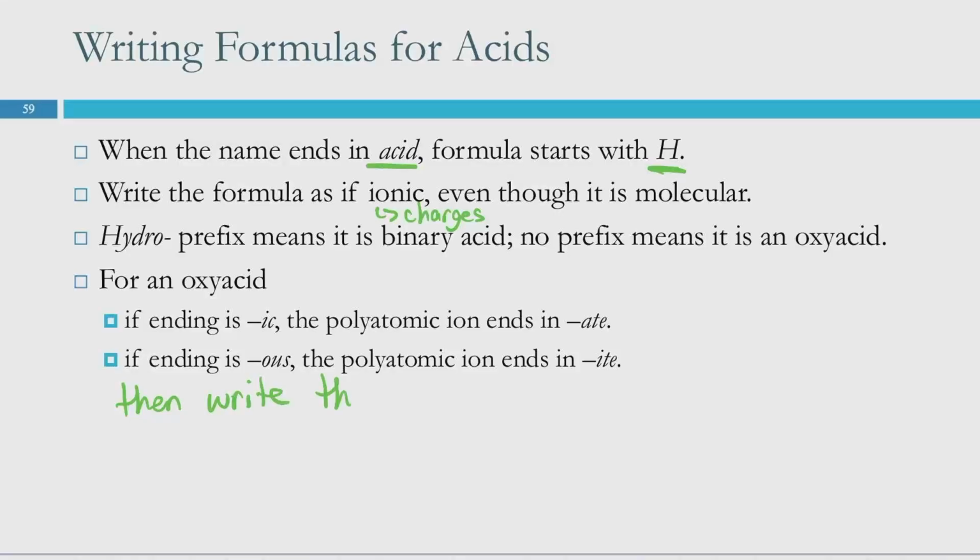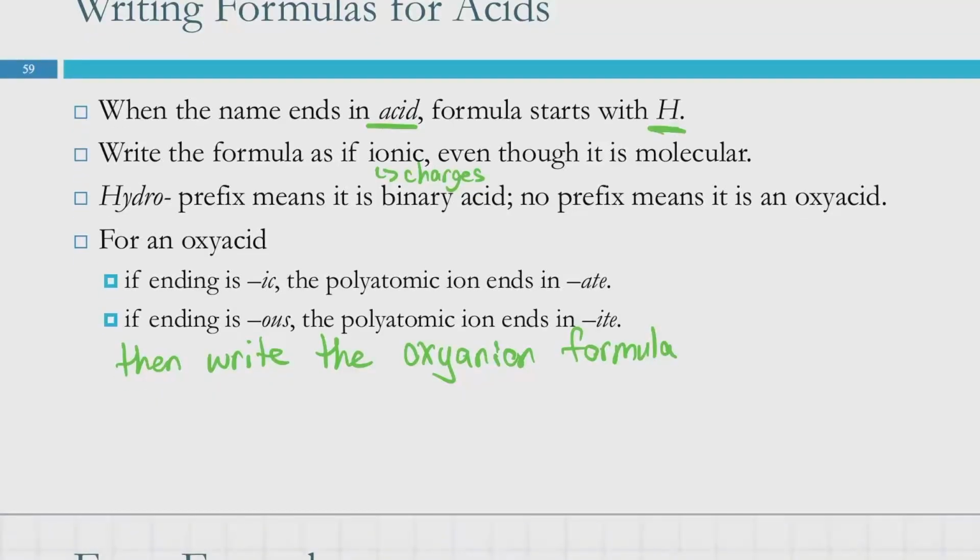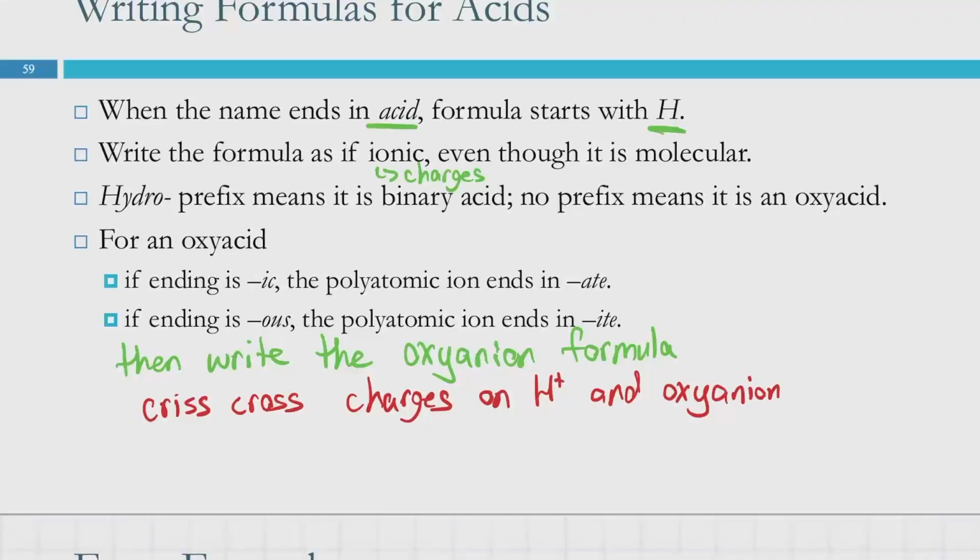Then write the oxyanion formula once we have the name. Crisscross charges on H plus and the oxyanion, and then it should be balanced.